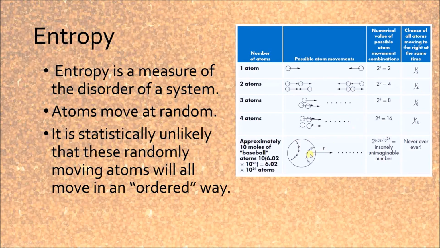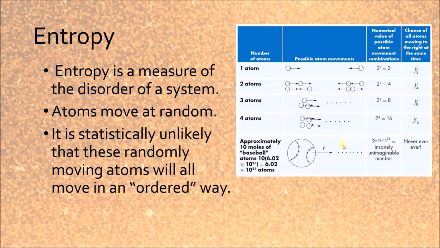Now, think of a real object like a baseball. A baseball is made up of approximately 10 moles of atoms. So that is 6.02 times 10 to the 24th atoms total.